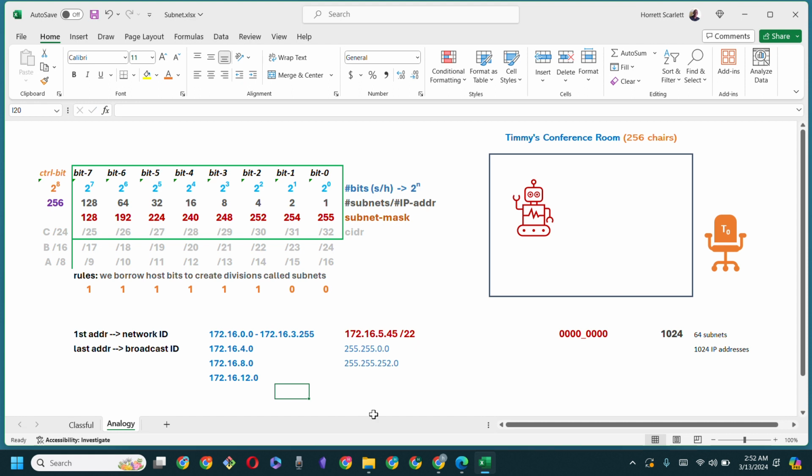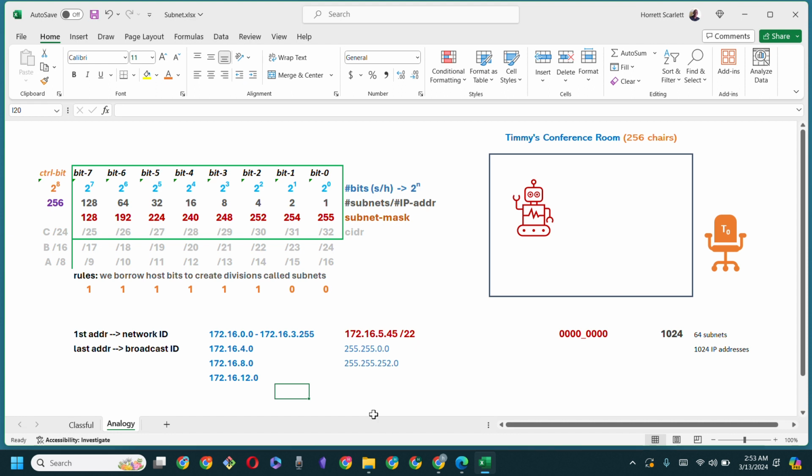Now, how did we end up with 3.255? Well, remember, each octet goes from 0 to 255. Whenever we reach 255, that is the last value in that octet. If we increase it by 1, that octet goes to 0. So 255 increased by 1 becomes 256. We cannot represent 256 in an octet, so we put a 0 in that position and carry over a 1.